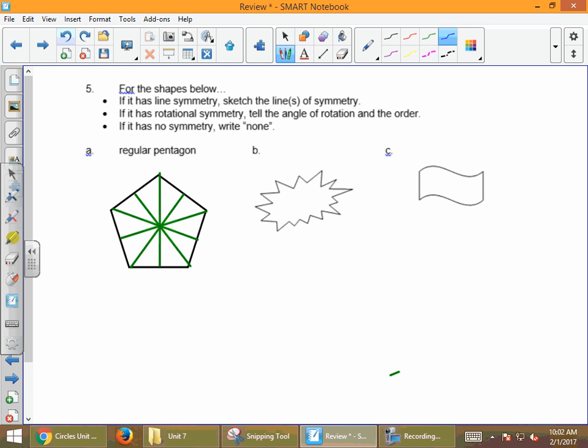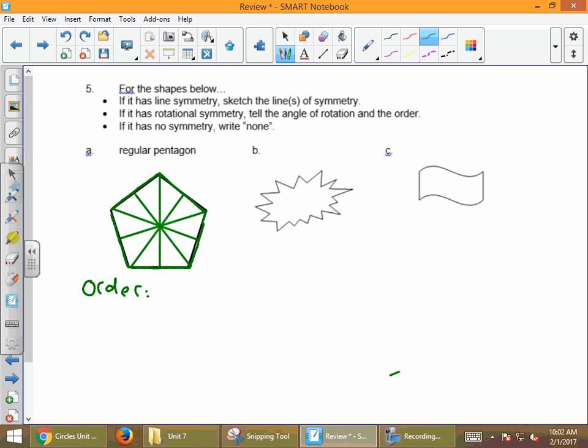So, what about the order? Can I rotate this figure? If so, how many times can I rotate this? Some of you are already recognizing the pattern. What will be the order of this shape? 5. It is 5, because I can rotate this 5 times, and it would still look like the same image. So I'm just going to do a quick little sketch so you can see this. You can turn your paper.